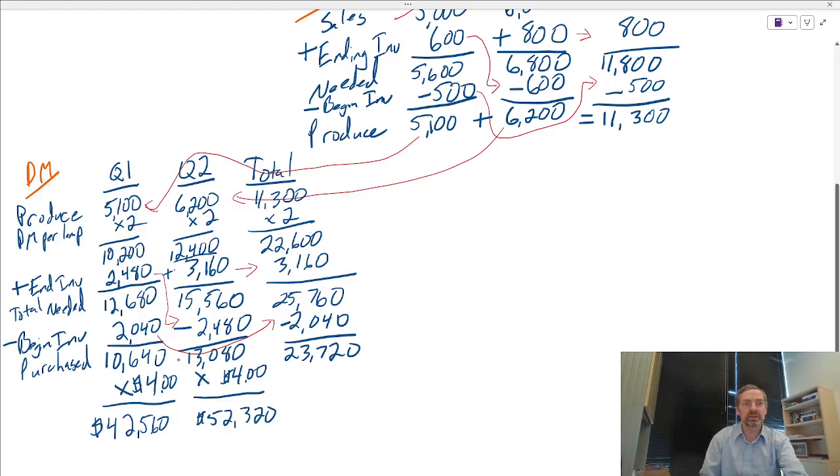Now, if we did it right, the 10,640 plus the 13,080 should equal 23,720. And we can again multiply this by $4 to get 94,880.